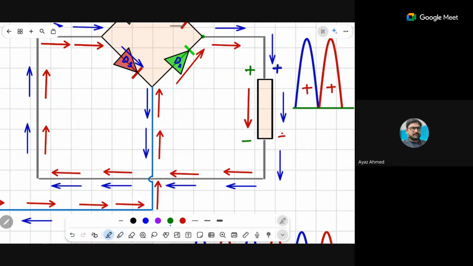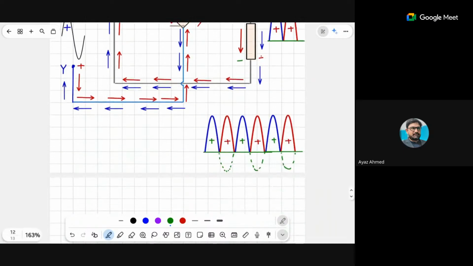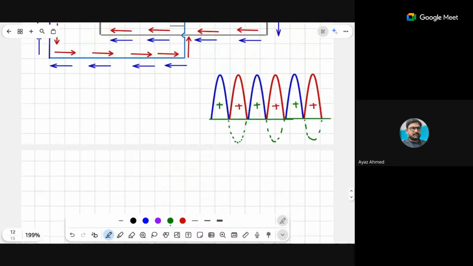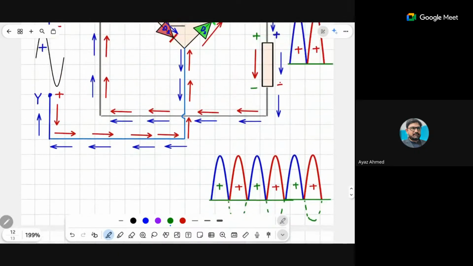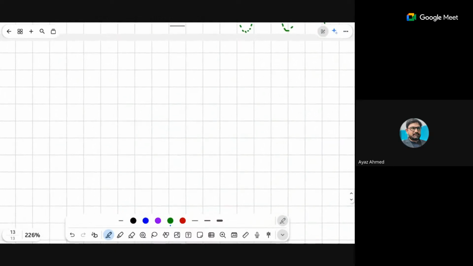What will you do then? The diode will be reversed. Is this diagram and this whole circuit clear to everyone? Hanzala beta, is it clear? Huda and Yahya beta, is it clear to you also?